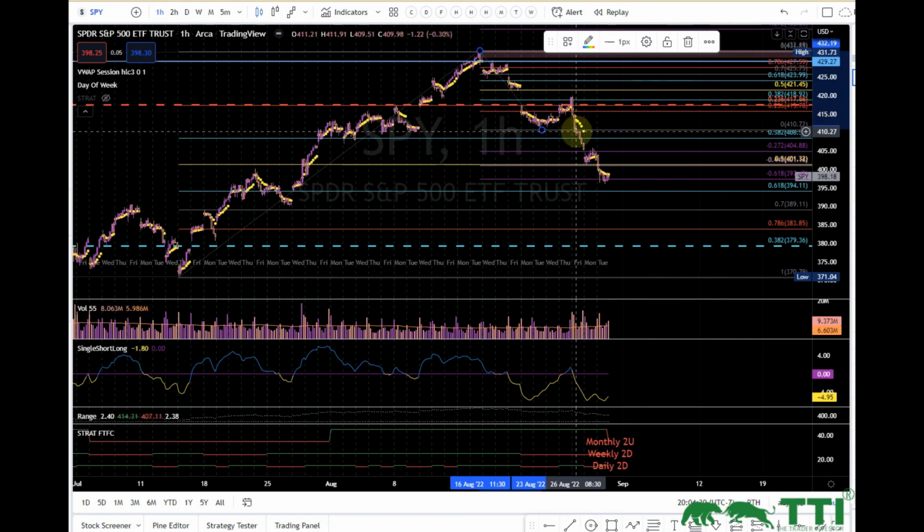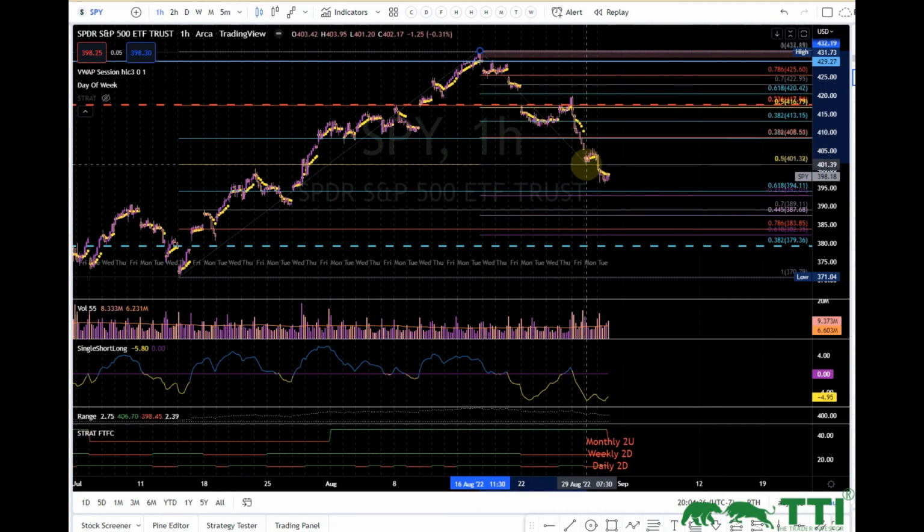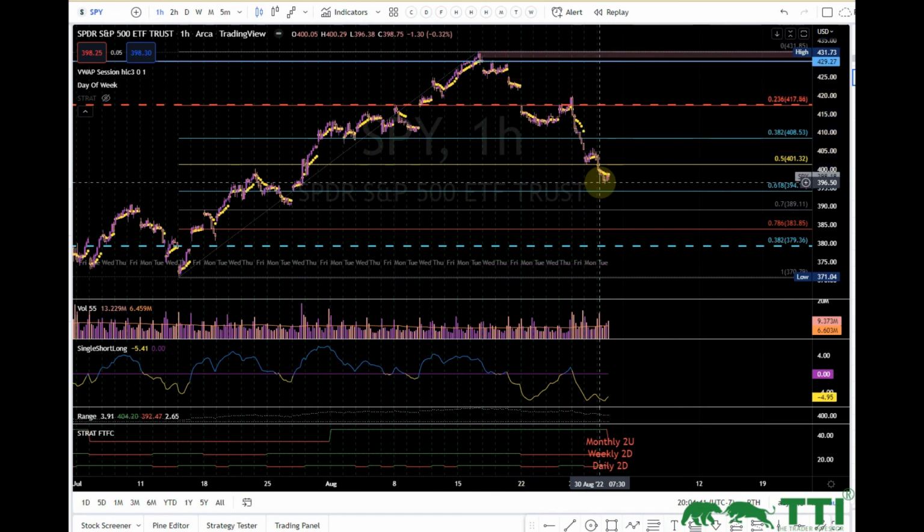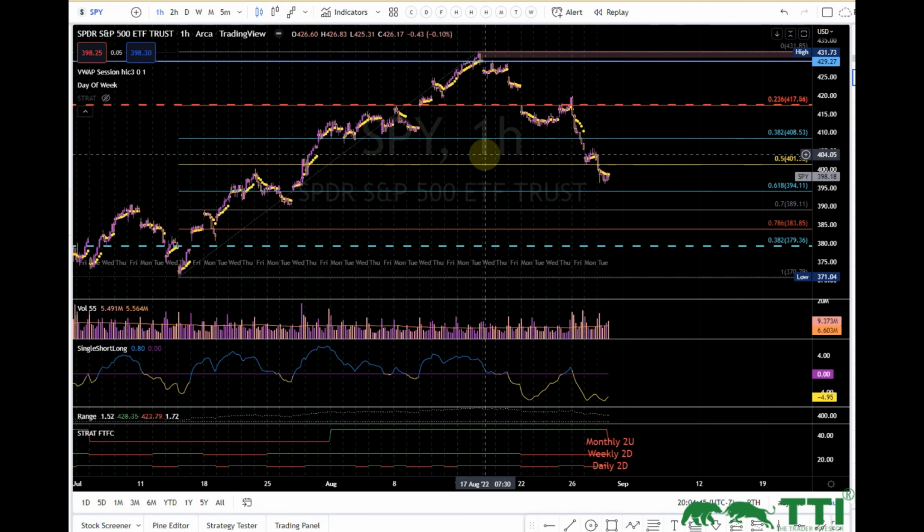You get two red bars, boom, you take it. You just keep doing that. It shows you weakness after weakness. You take those trades. That's why I like to use these Fibonacci's in different time frames. That way, I don't have to draw support, resistance, trend lines. It's there already.